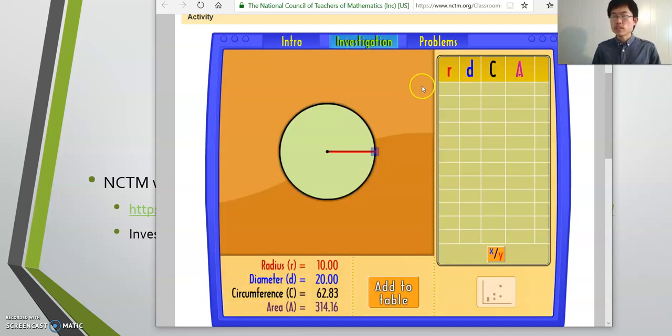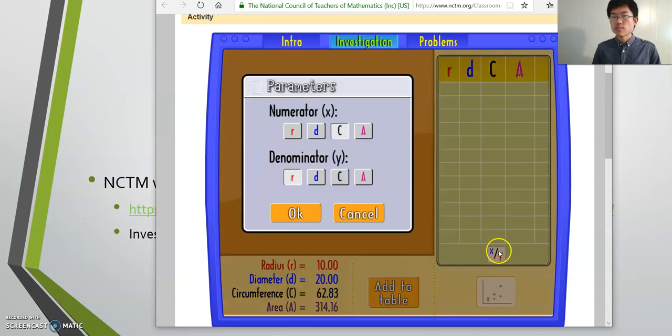Now, on this investigation, you can look at the ratio of circumference and radius, circumference and diameter, or any of those combinations. And you can investigate how each of the values are related to each other.